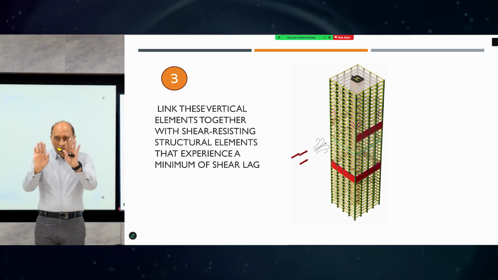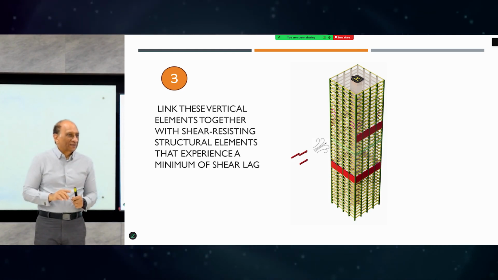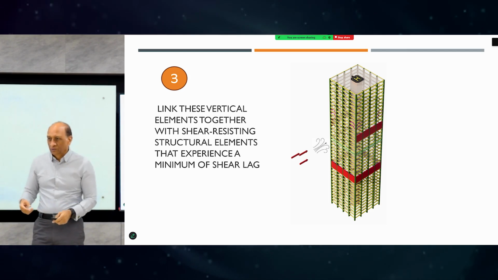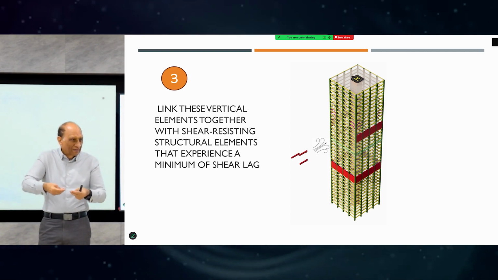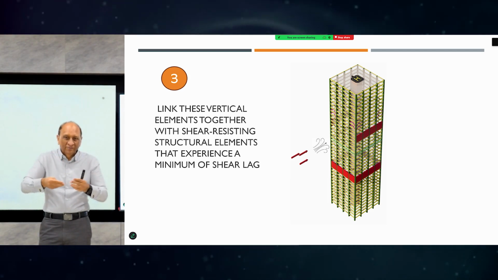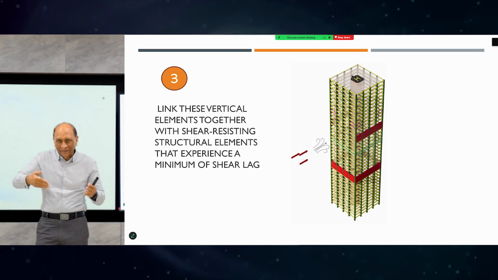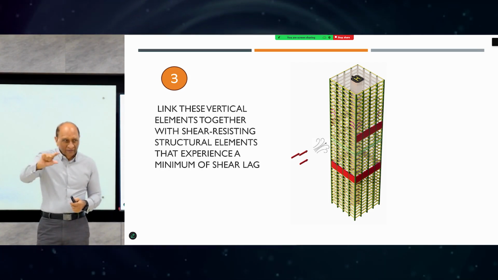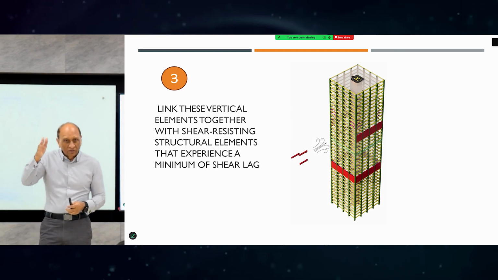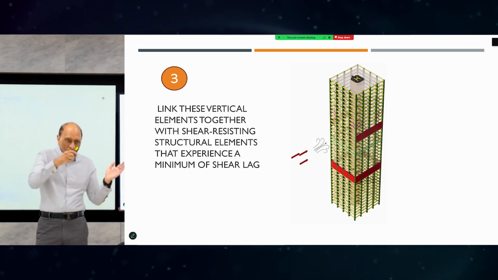So there's no leakage of displacement. The building deforms as one, not like the book example I showed you last time, those slices of paper. Each column should not be a slice of paper. They should all be glued together, and these horizontal big shear elements are the glue that will bind all the columns together from one face to the other.